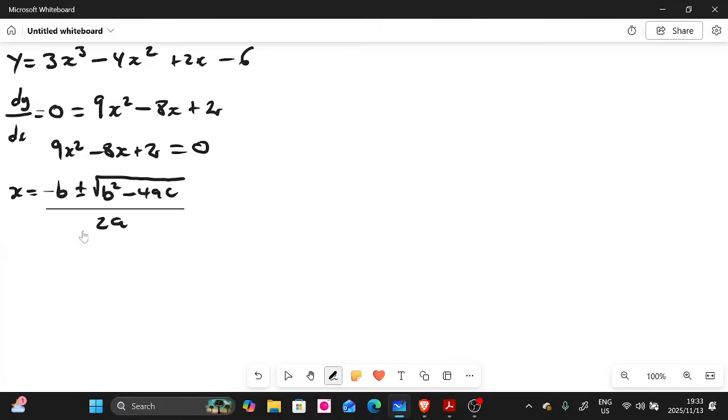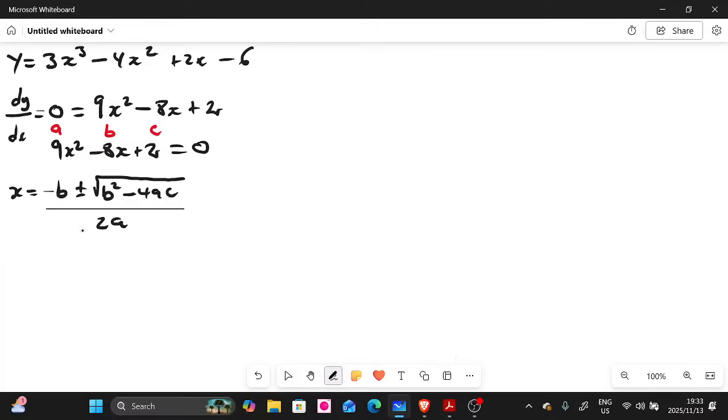The coefficient of x squared is a. The coefficient of x is b. The constant is c. So there are b, a, and c that you see on this equation here, those coefficients. So you start substituting, guys.